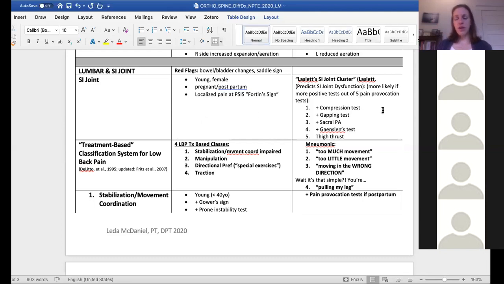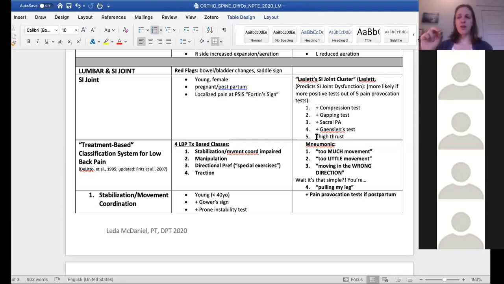So it's either a cluster of 5 tests, or sometimes they will describe it as 6 tests, in which case they will use a thigh thrust on both the symptomatic side and the asymptomatic side as that 6th test. So if you see a 6 SI joint Laslett cluster, that's the reason for that. But I think the most research and the base test that they research is this 5 test cluster pain provocation at the SI joint.